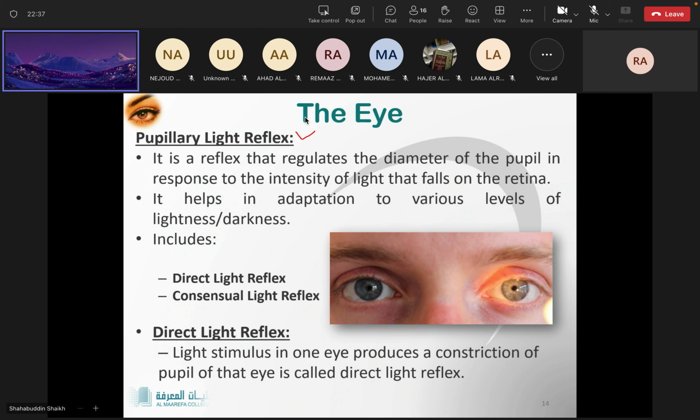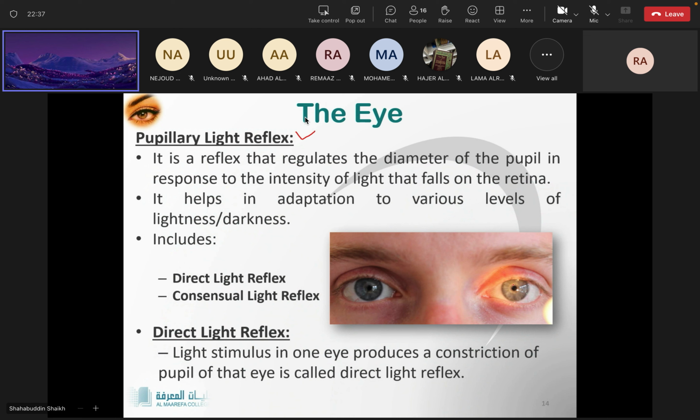This is the light reflex. Now light reflexes are of two types: direct and consensual. Direct means when you shine light in one eye, that same eye constricts. So when you shine light here, this eye will constrict. This is the direct light reflex.